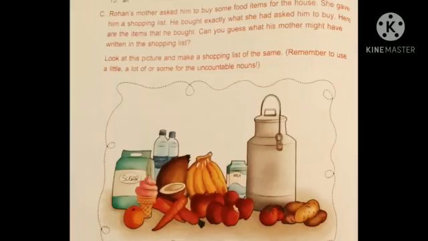Exercise C. Rohan's mother asked him to buy some food items for the house. She gave him a shopping list. He bought exactly what she had asked him to buy. Here are the items that he bought. Can you guess what his mother might have written in the shopping list? Look at this picture and make a shopping list of the same.